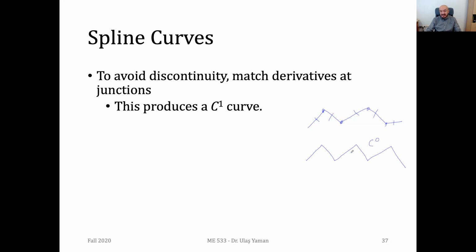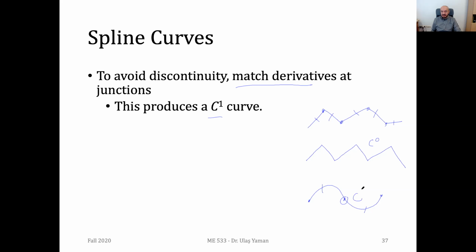But if you match the derivatives, then that will be C1. So let me draw something. For instance, assume that this is the first part and the below one is the second one. Then at these connection points, if you have the same derivatives, then that's a C1 curve.